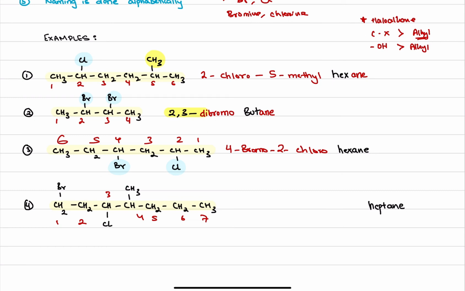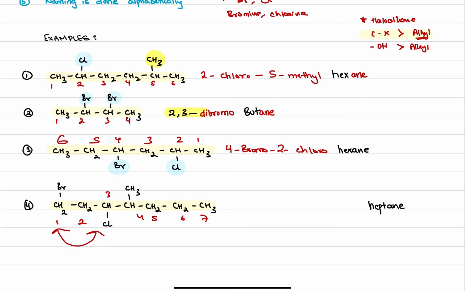So in this case, you can see you have 2 halogens and you have an alkyl group. Remember this rule that our haloalkane or CX bonds are given more preference over alkyls. So in the naming, we will follow this, all right? First let's do a comparison between bromine and chlorine.